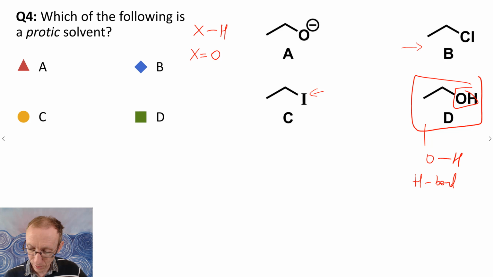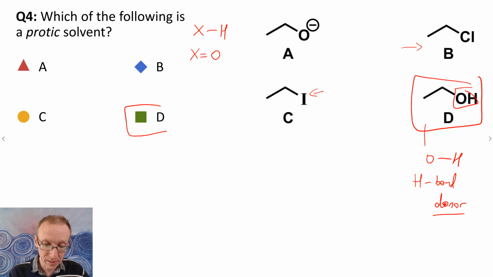Those properties make it a better solvent for certain situations, including the SN1 and the E1 reaction, which involve a leaving group having to depart with a negative charge that can then be stabilized by the hydrogen bond donor. So the answer to this question is D, the green square.